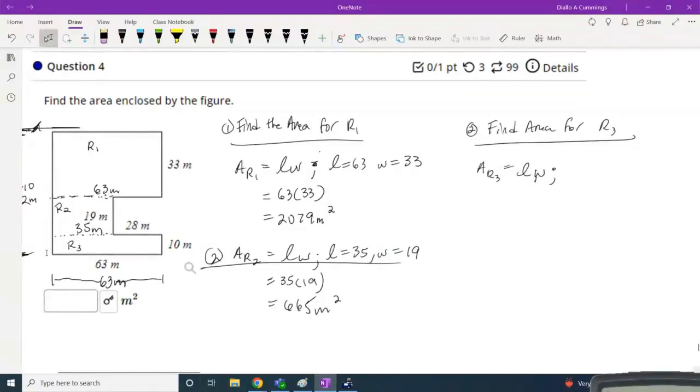It looks like the length is 63 and the width is 10. So if we multiply 63 times 10, we get 630 square meters, or meters squared.